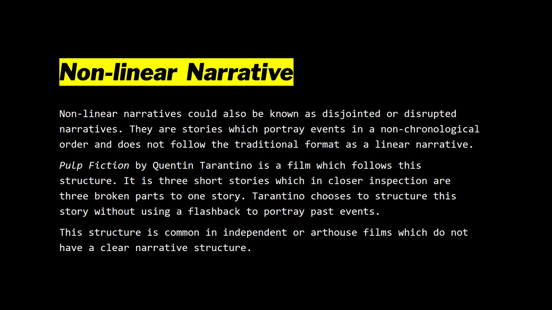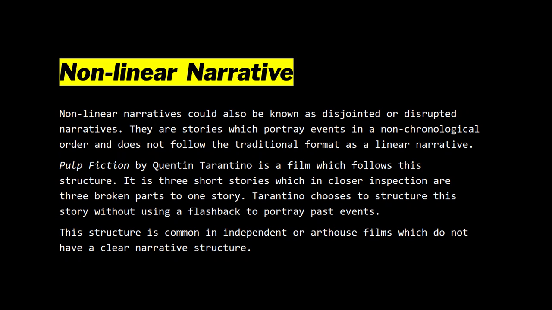And a non-linear narrative could also be known as disjointed or disrupted narratives. So they are stories which portray events in non-chronological order and do not follow the traditional format like a linear narrative does.